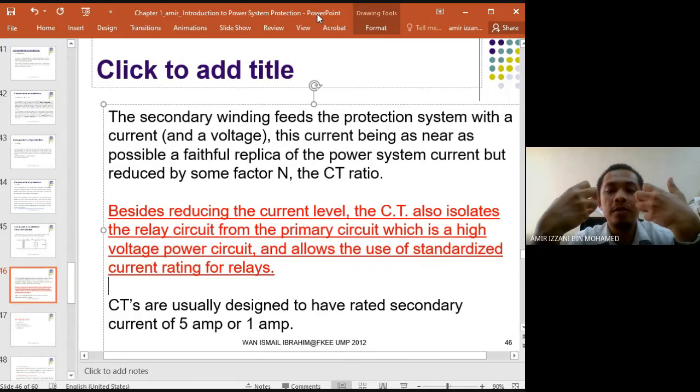Will it be high or low? Because the power is maintained, P equals VI. V here is high in the primary, secondary is low. What will happen to the current at the secondary?